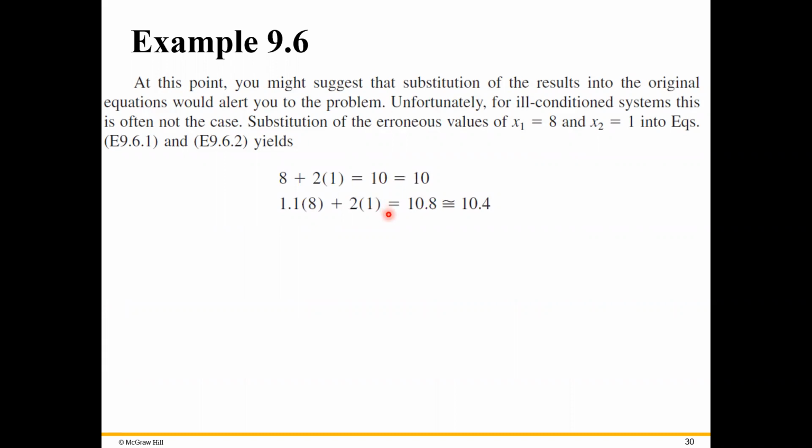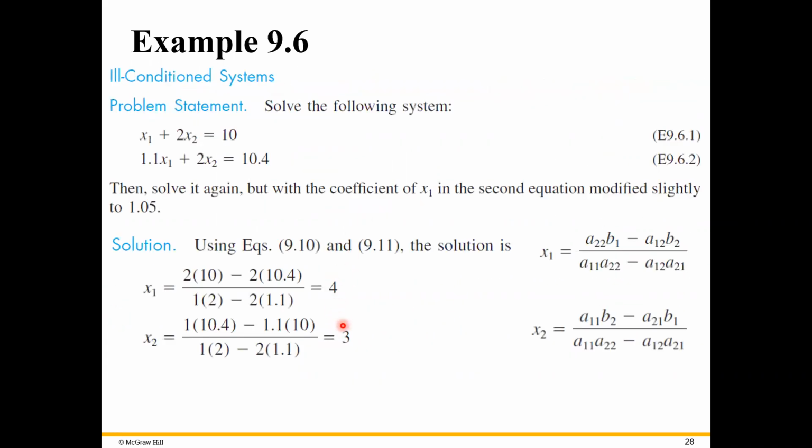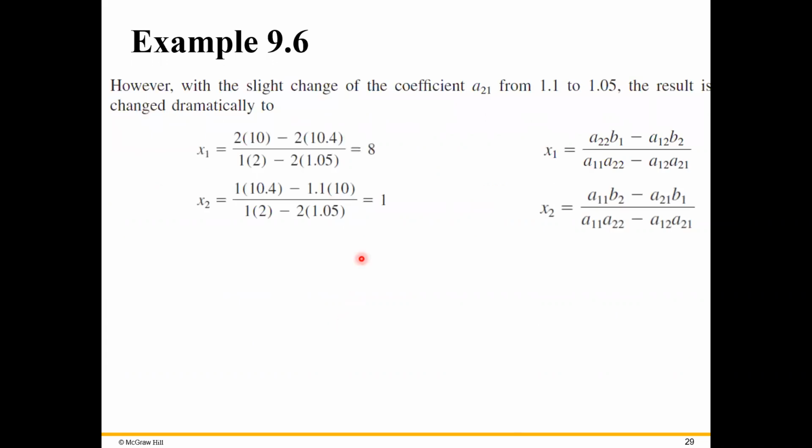For example, for one system the solution was 4.3, and for the other system the solution was 8.1, which is for the coefficient 1.05.